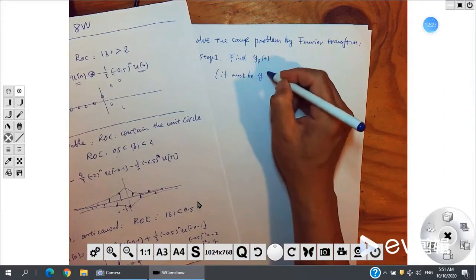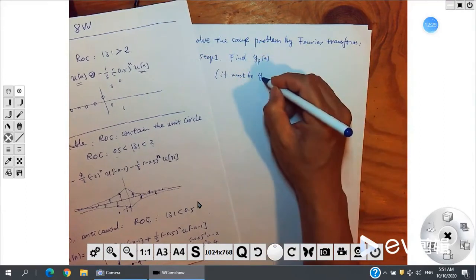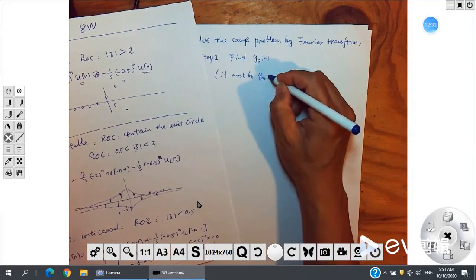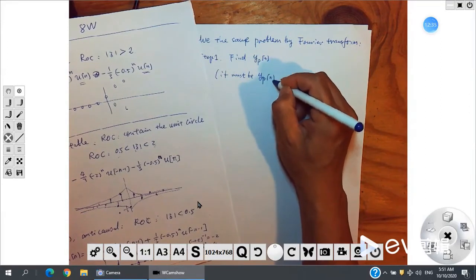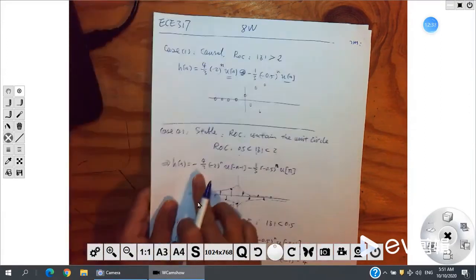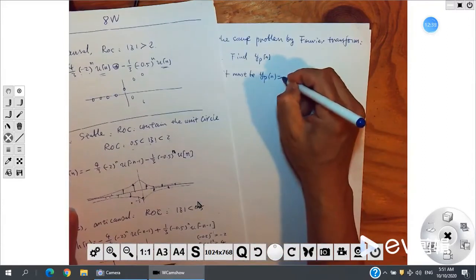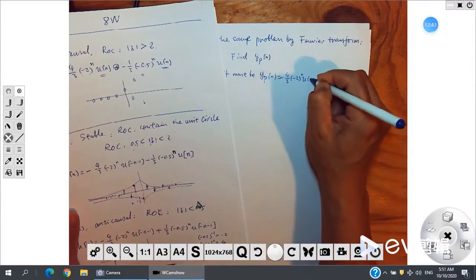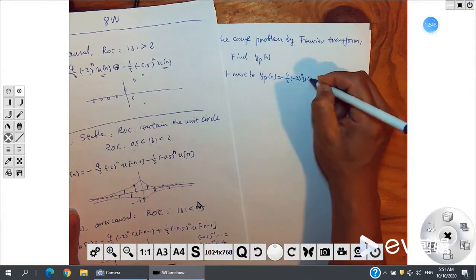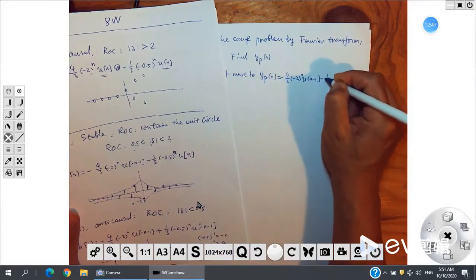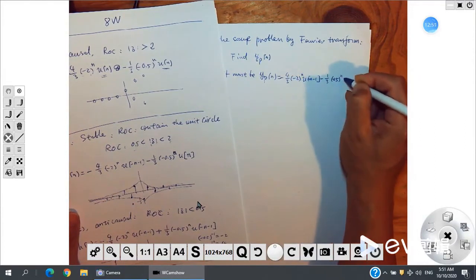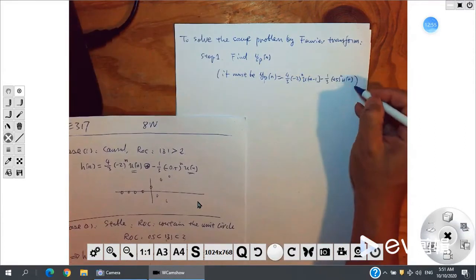Y is h, because input is delta, but is output, right? Yp will be just this one. I copy it here. Negative n minus 1, minus 1/3, -0.5 to the n, u of n. Yeah, it must be this one.